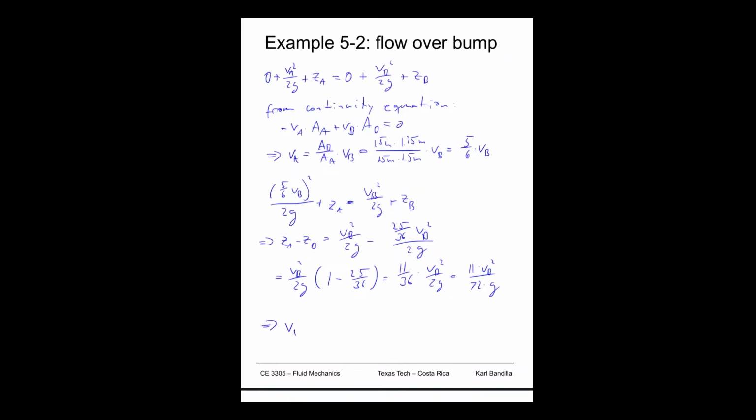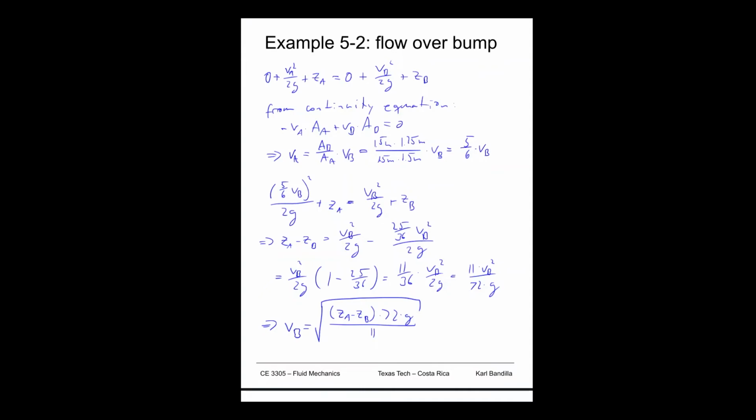Then VB would be, what do we have? We had ZB on this one side, so we'd have ZA minus ZB times 72 times G, and then all of it is divided by 11. All right, very good.